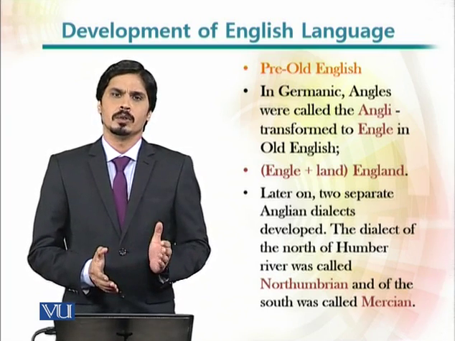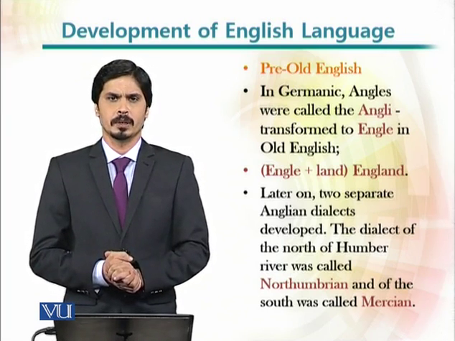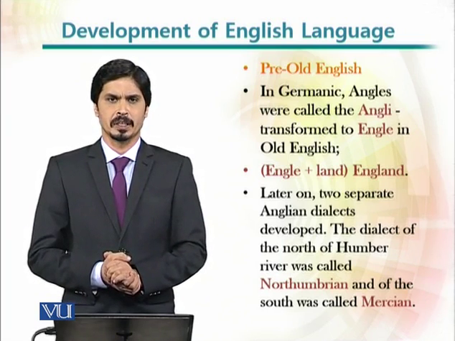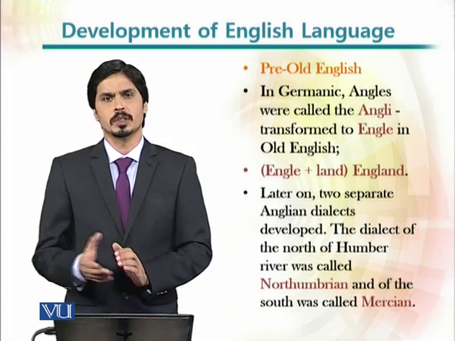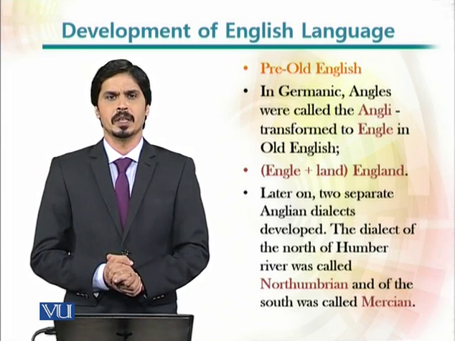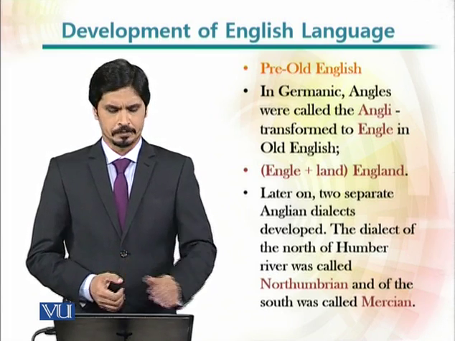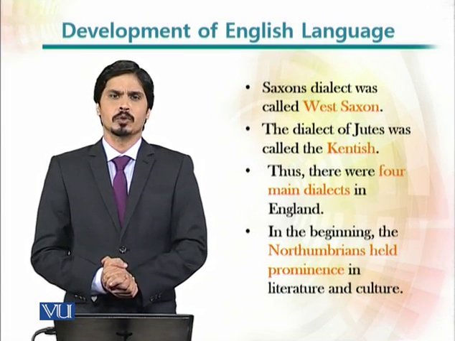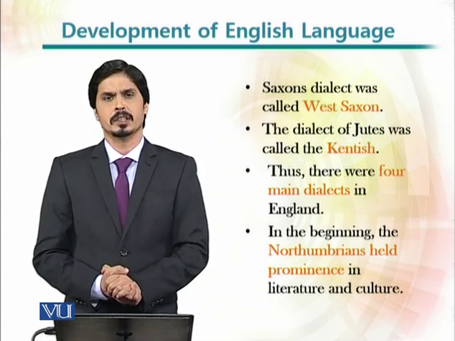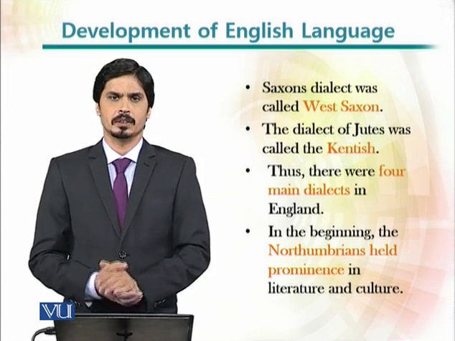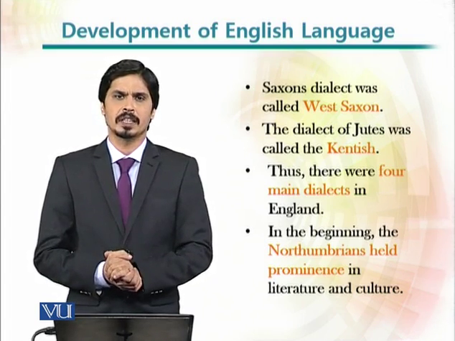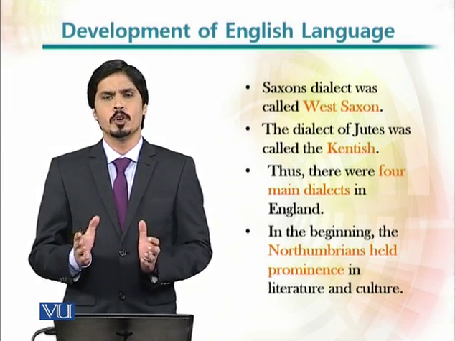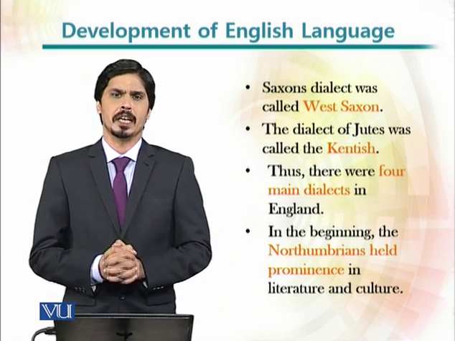The dialect of those who lived on the north of the River Humber was called Northumbrian, and the one produced on the south of the River Humber was called Mercian. The Saxons' dialect was called West Saxon, whereas the Jutes' dialect was called Kentish. Overall, there were four main dialects at that time.